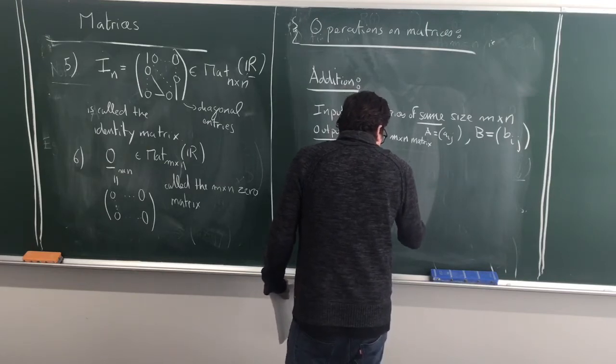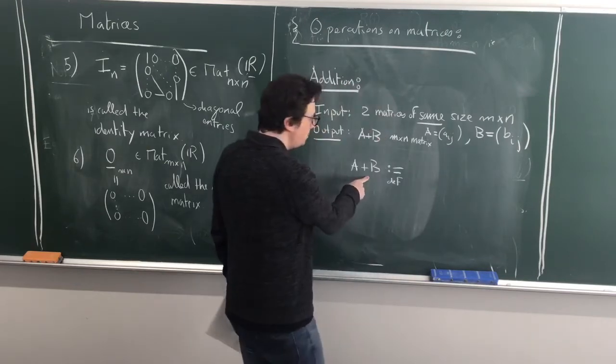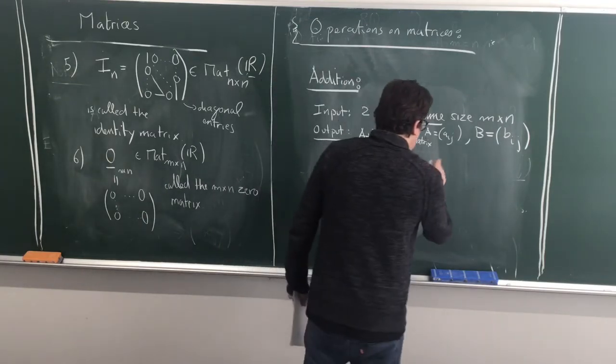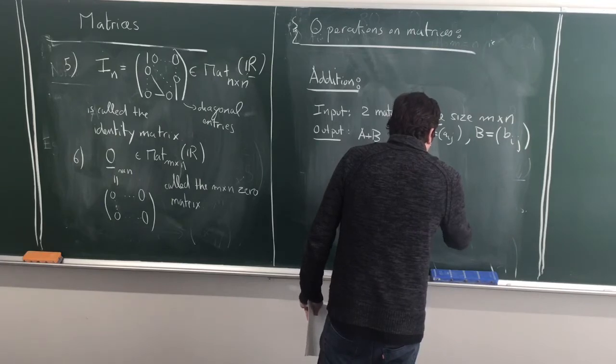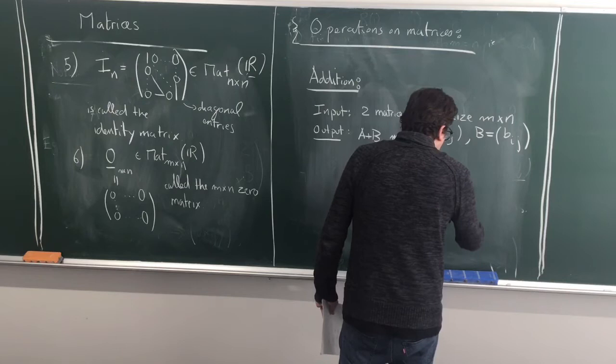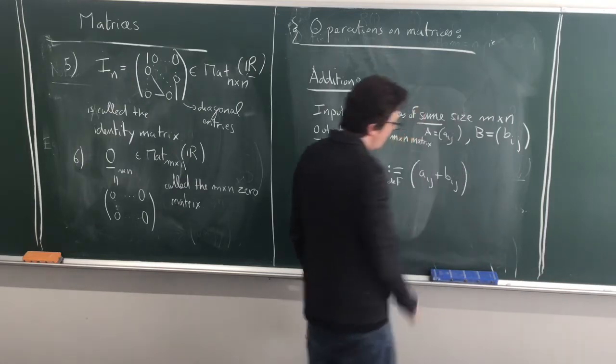I put as a definition that the matrix A plus B will be the matrix with m rows and n columns given by the following formula. I will just add component by component: aij plus bij.